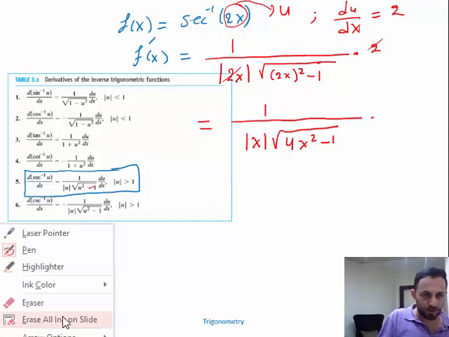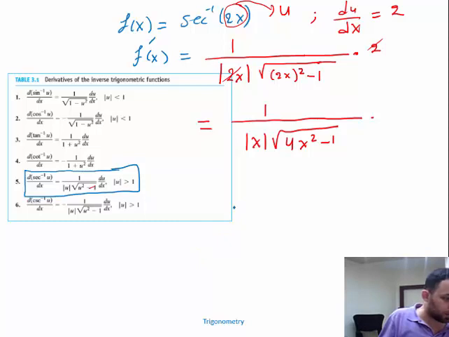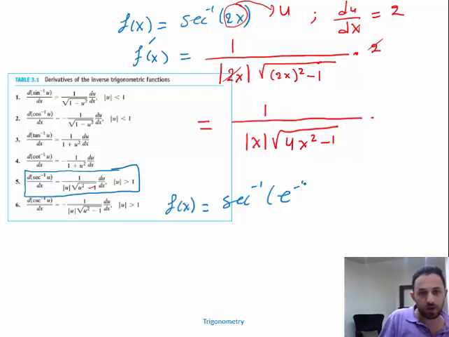Okay, let's take another example. If f of x is equal to secant inverse of e power minus 2x, our objective is to obtain f prime of x, the derivative of secant inverse of e power minus 2x.